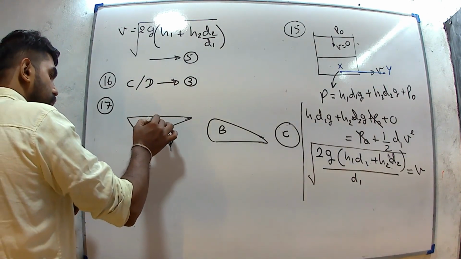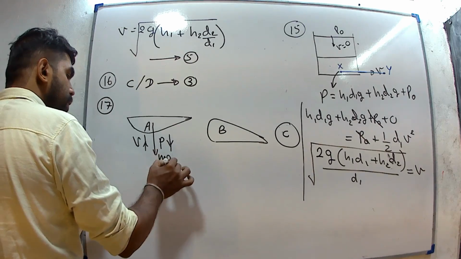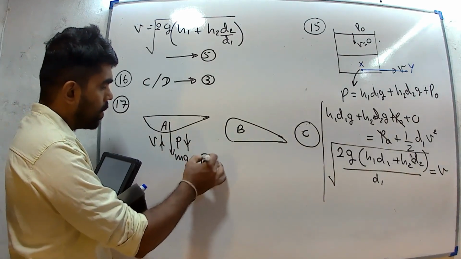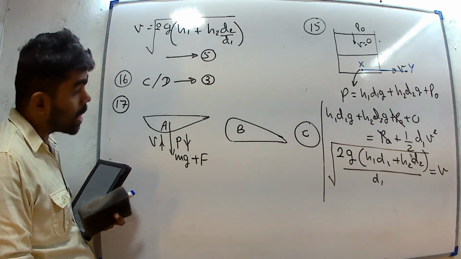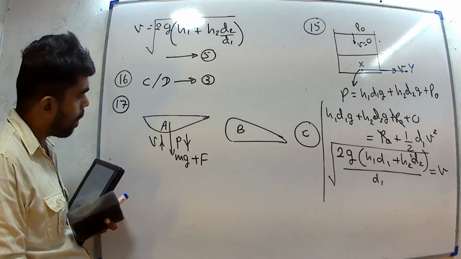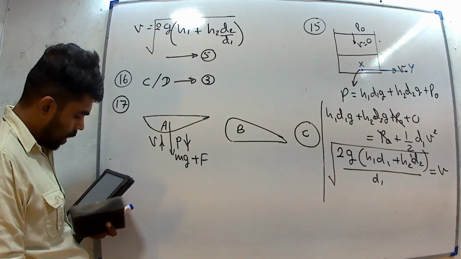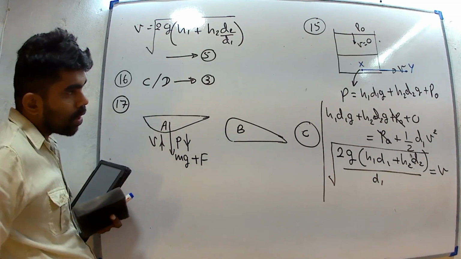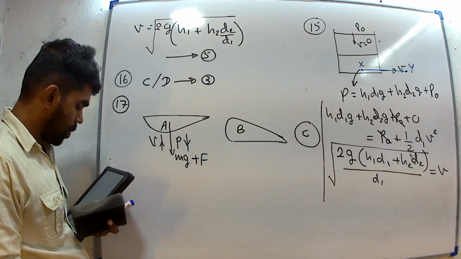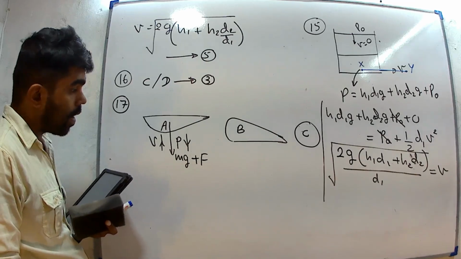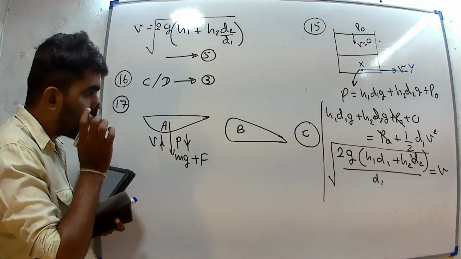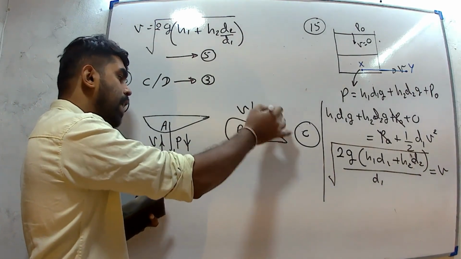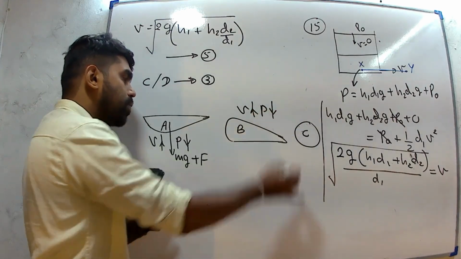Therefore, weight plus the force due to pressure difference, I will consider it as F. mg plus F is the force exerted due to the airflow for object A. When considering object B, velocity is a greater value for this side, therefore pressure is a smaller value.